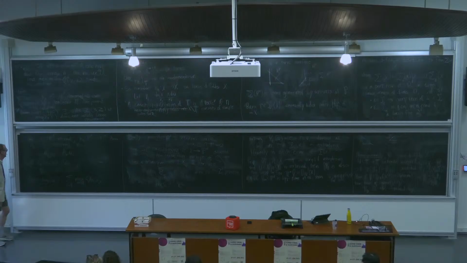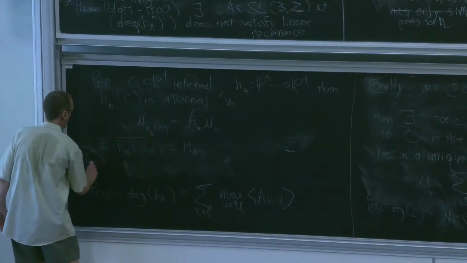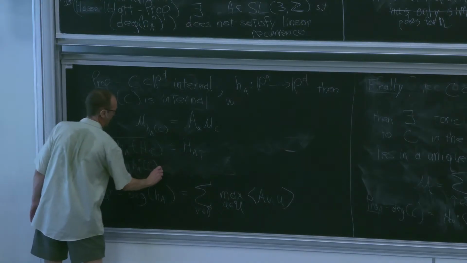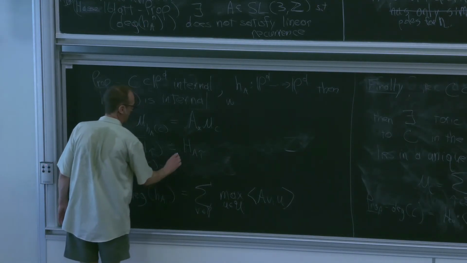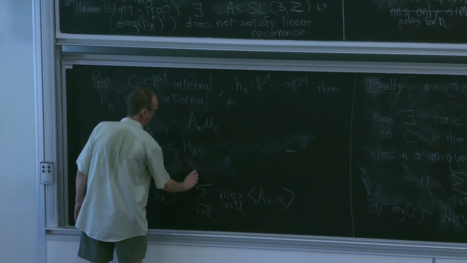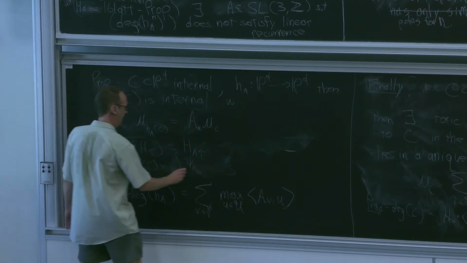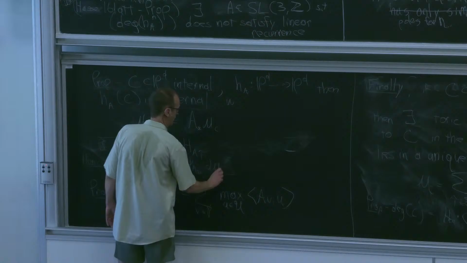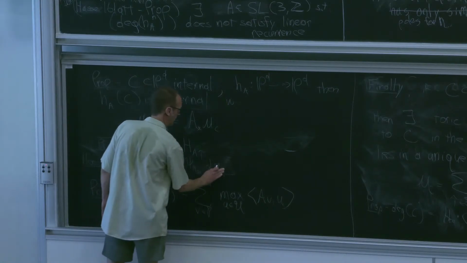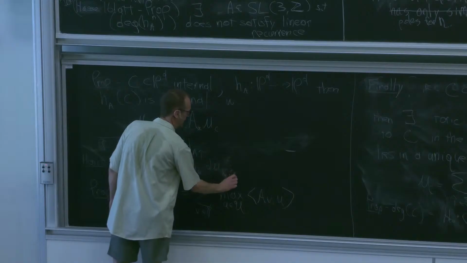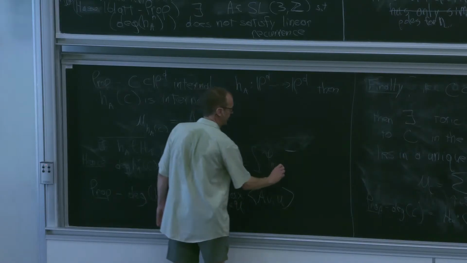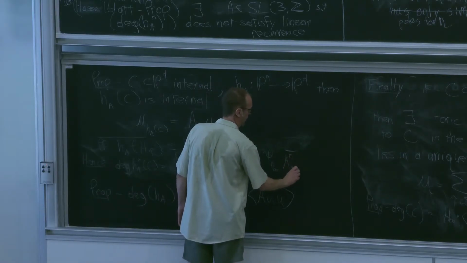So it's very convenient here. And now my degree formula, hence, the degree of H_A to the n is the integral of this thing against d mu of H_A to the n of C, which is the integral of psi h infinity A to the n star.